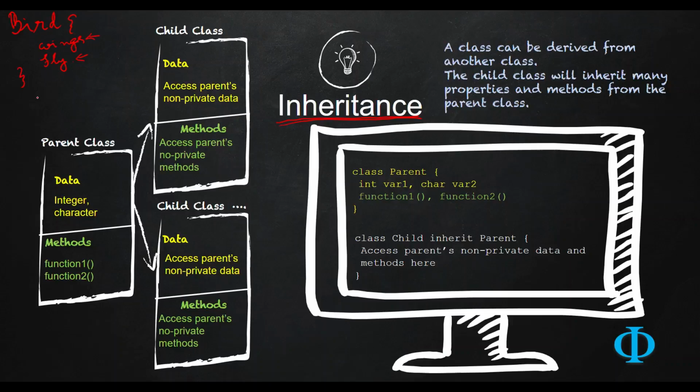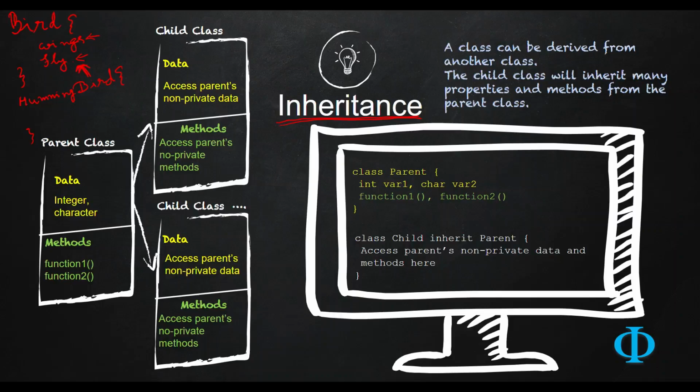Now let us say there is another special type of bird, let's say this is my hummingbird. A hummingbird is basically a special type of bird, but it inherits all the properties of the bird species, right?